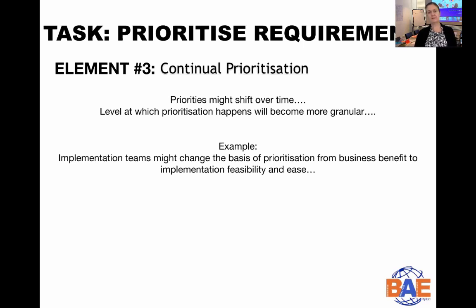But then as we go through the project, when the implementation teams start having to implement some of these solutions, there may be other things that would change the priority in how things will be delivered, simply because some aspects might be more complicated than others to deliver, or whatever the implementation constraints might be.